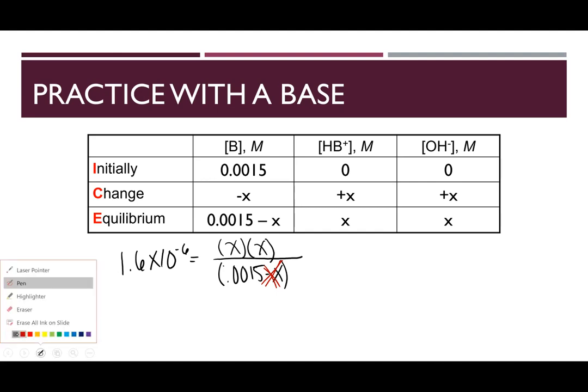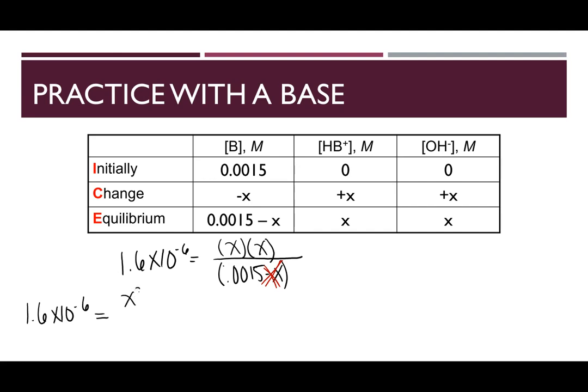So using "x is small", this equation cleans up to 1.6 times 10 to the negative 6 equals x squared over 0.0015. To get the x by itself, I'm going to multiply by 0.0015. That cancels.